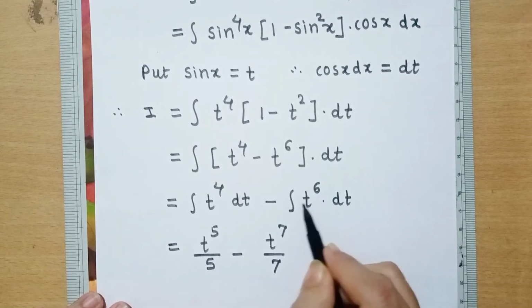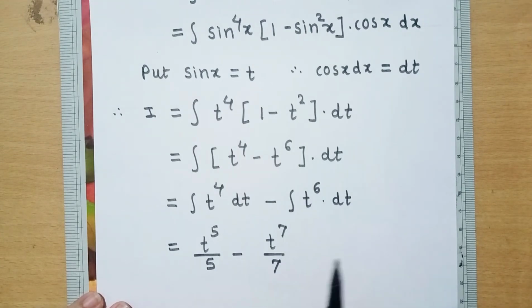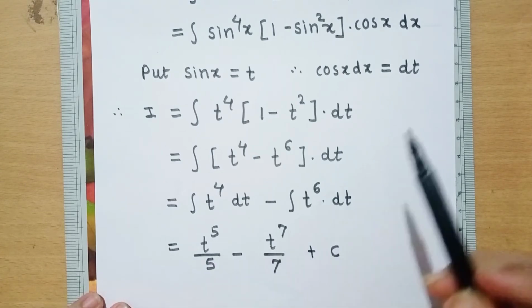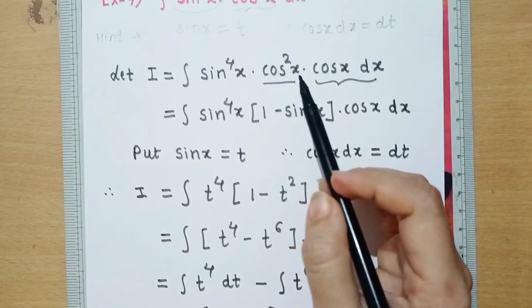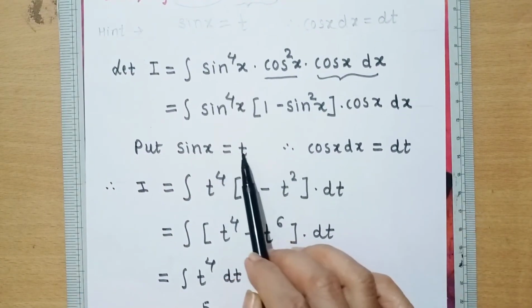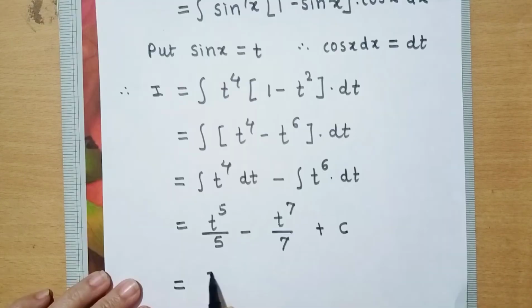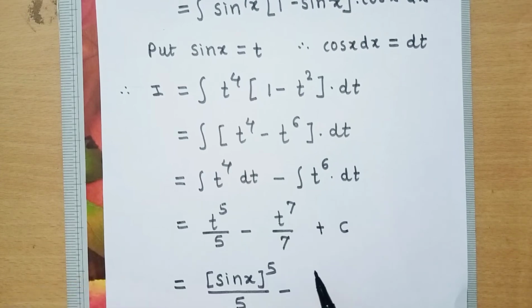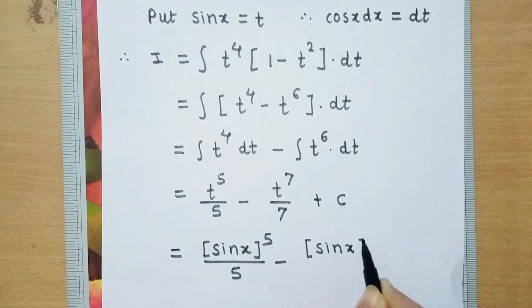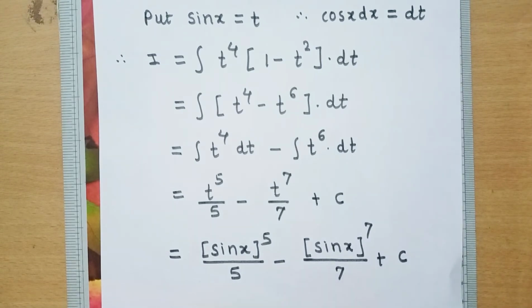That means we are using x raised to n plus 1 upon n plus 1, and here write down plus c. But this answer is in terms of t, but our function is in x. So again we have to substitute, t means sine of x. Here sine of x raised to 5 upon 5 minus sine of x raised to 7 upon 7 plus c. This is the final answer.